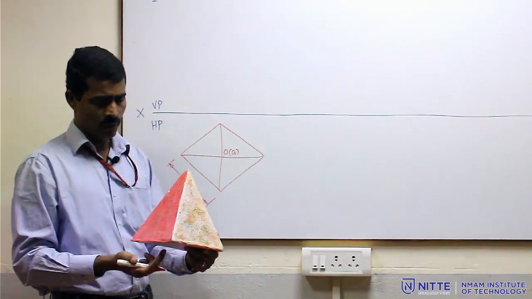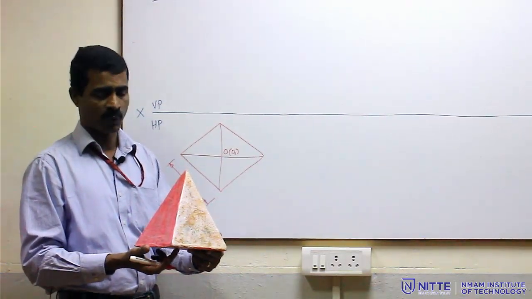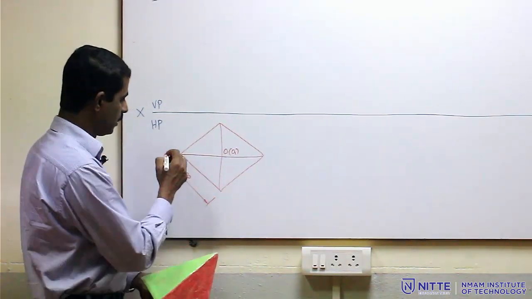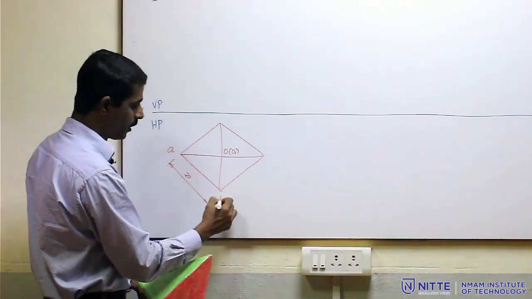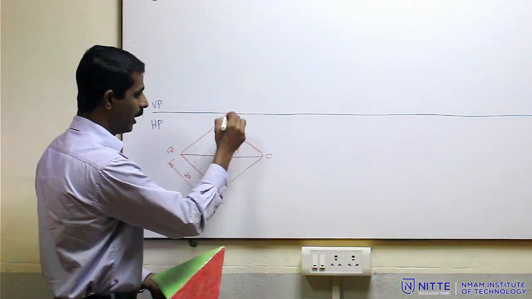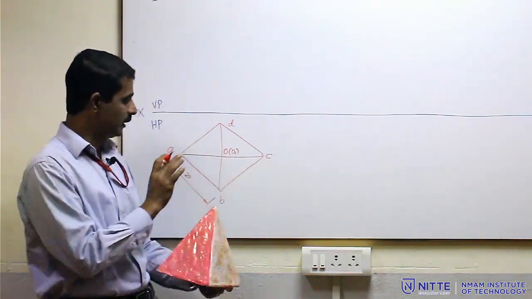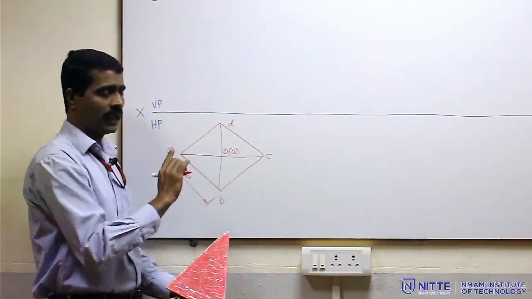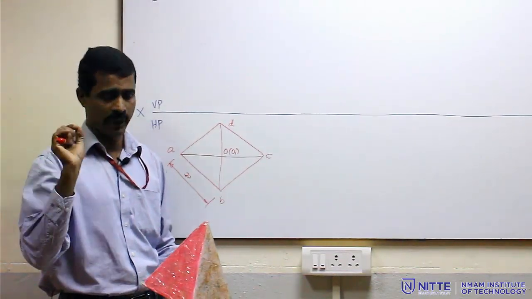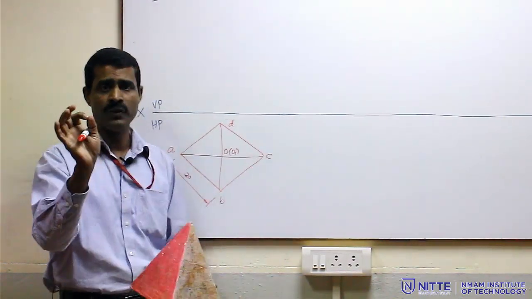So, this is O, O1 is the base axis point. Then we have 4 corners, let me name them as A, B, C and D. So, A, B, C, D are the 4 base corners. So, this is the top view and all the 4 lines are 0.4 mm thick, because all the 4 lines are visible edges.